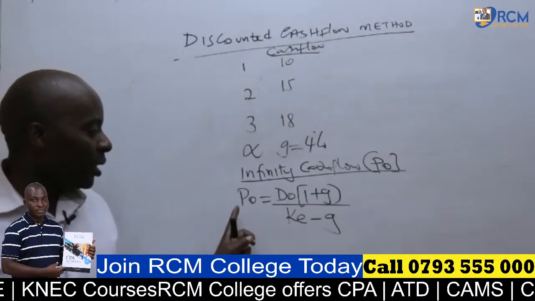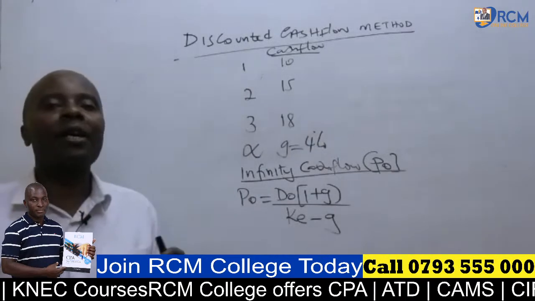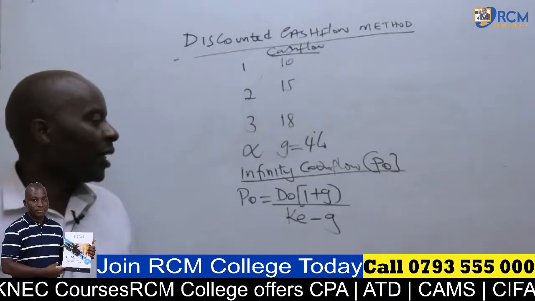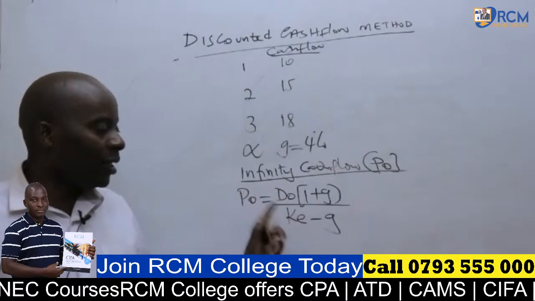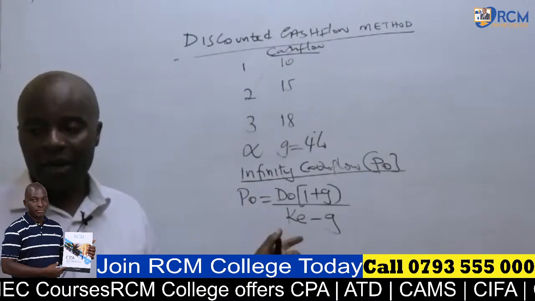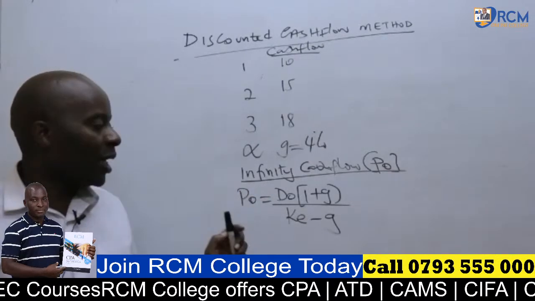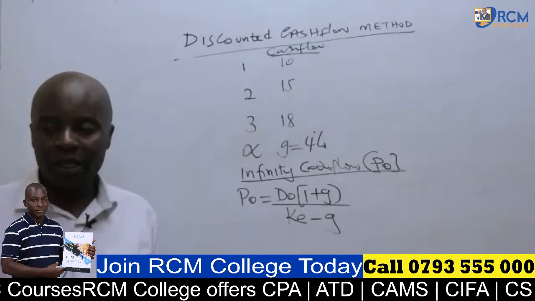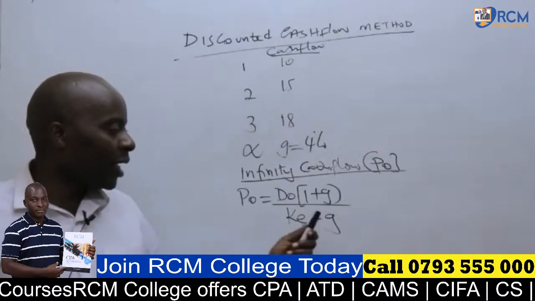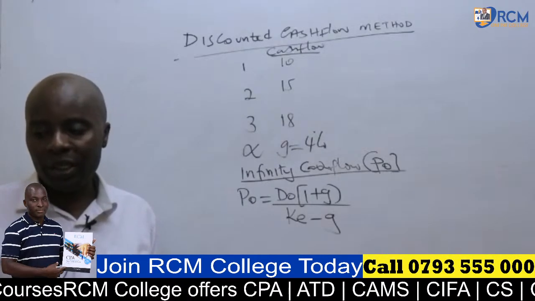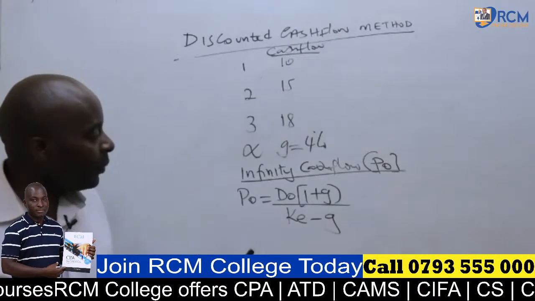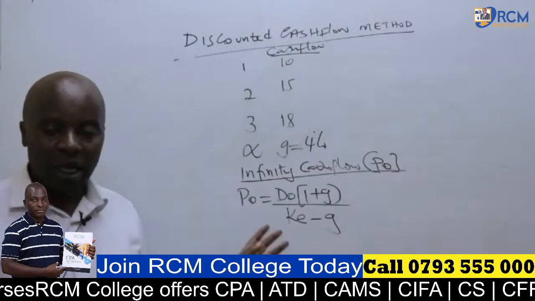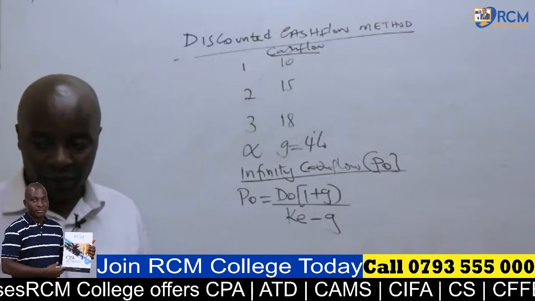Provincial officer is the current market price per share. O means current. DO is the current dividend per share, and then we have 1 plus the growth rate, all over our cost of equity or cost of capital minus growth rate. So anytime we talk of infinity cash flow, always think of how you can make use of this formula. Very, very important for us.